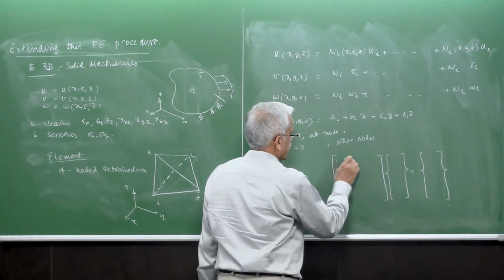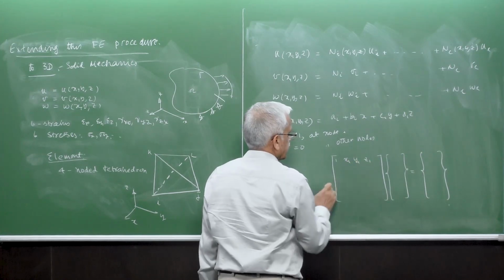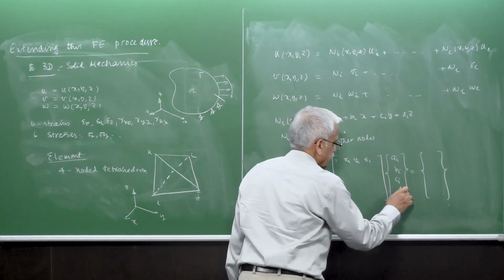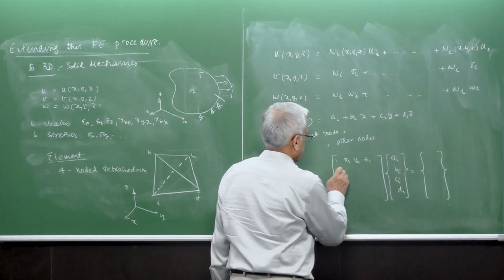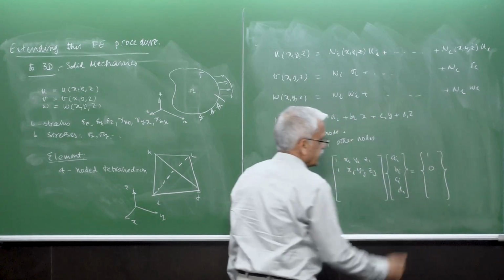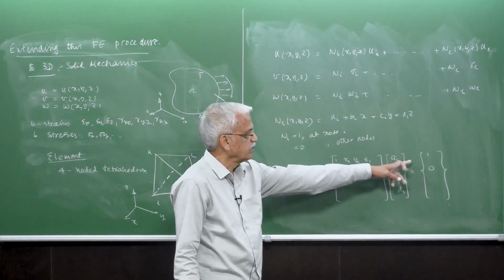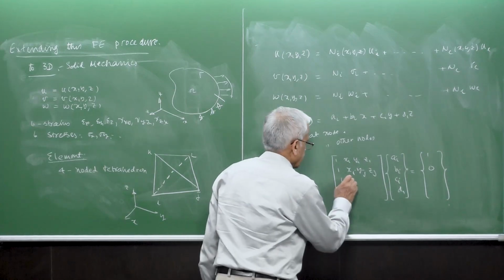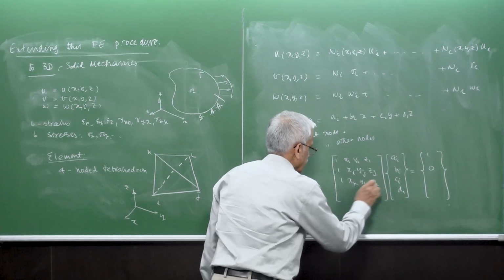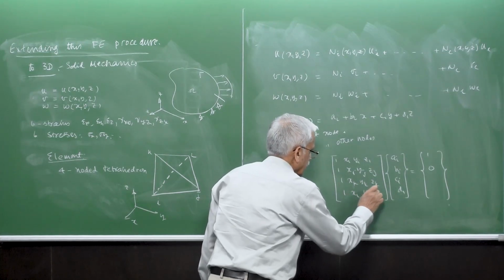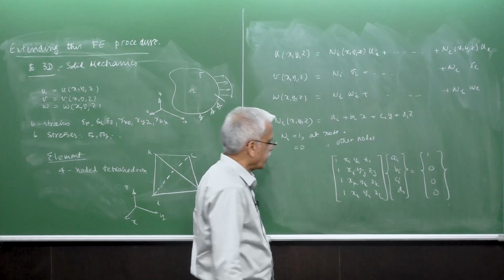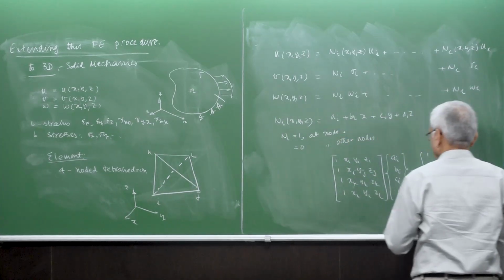So we have 1, xi, yi, zi, and here you have ai, bi, ci, di. You can very easily see that the first equation will have 1 on the right side. So these are the 4 equations by which we should be able to find ai, bi, ci, di.